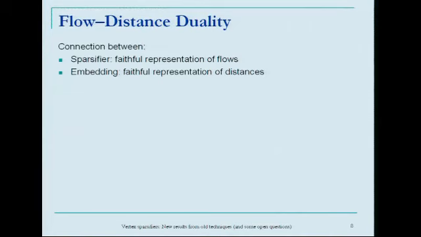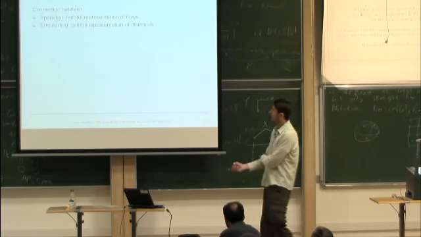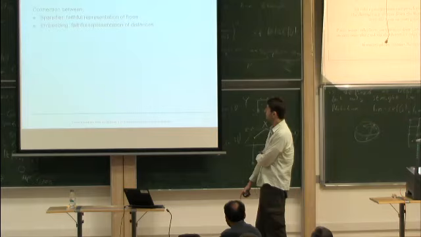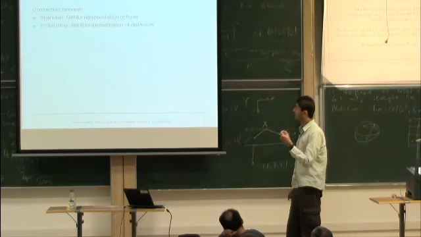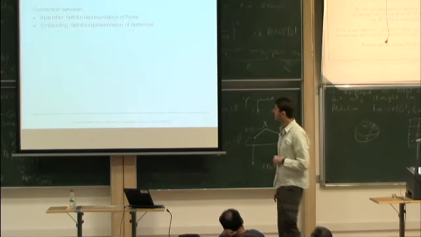Okay, so how do we get this? We'll have to talk about this connection between, now I'm going to call it flow or cuts, and the duality between flow and distance. So there's a beautiful connection between this notion of a sparsifier, which is what we discussed, where you want a faithful representation of flows or cuts.